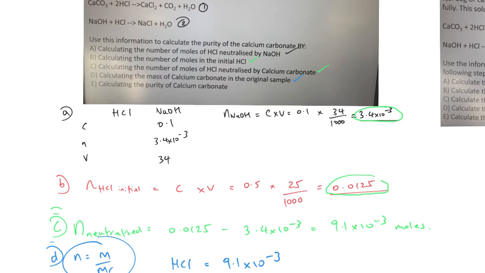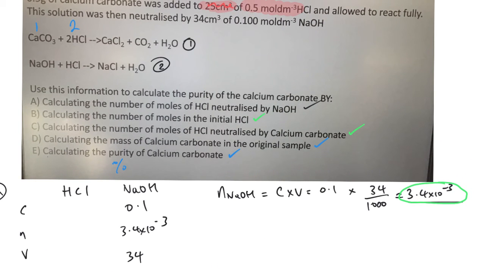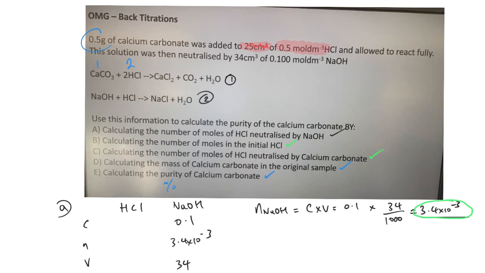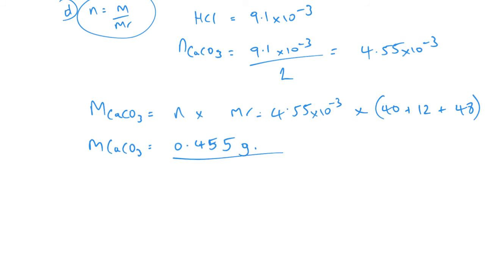My last thing they want me to do is calculate the purity. Now, purity is a percentage. I need to look at my original mass. I had a tablet which had a size of 0.5 grams. Of that, 0.455 was calcium carbonate. So my tablet weighed 0.5, of which 0.455 grams is calcium carbonate.